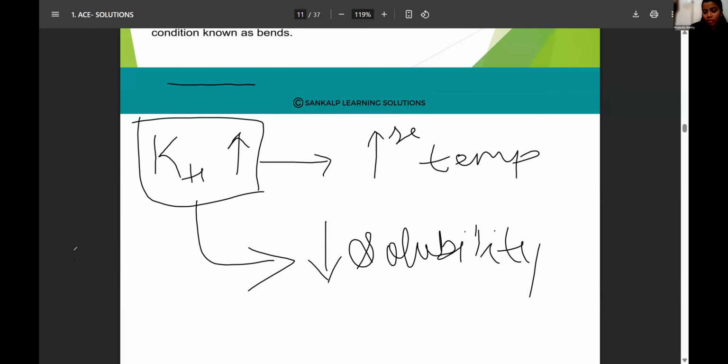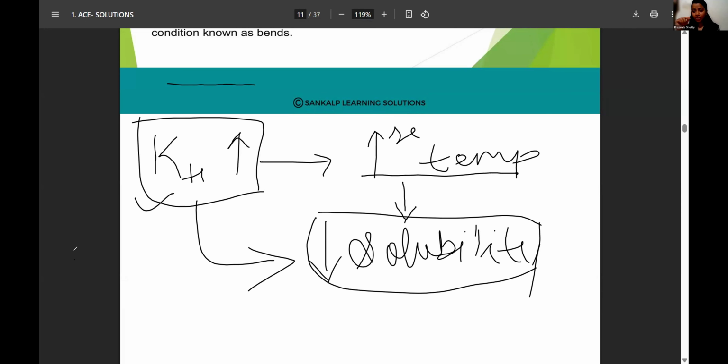So you can remember it also like this: as KH value increases, solubility decreases, that is one point. If KH value is increasing, of course temperature is increasing. So again these both are interlinked. How? Increase in temperature leads to decrease in solubility. Okay. So remember this point. They'll ask you in some twisted way just for 1 mark.